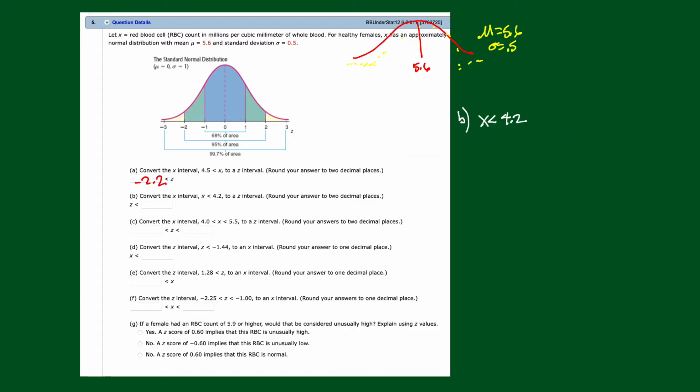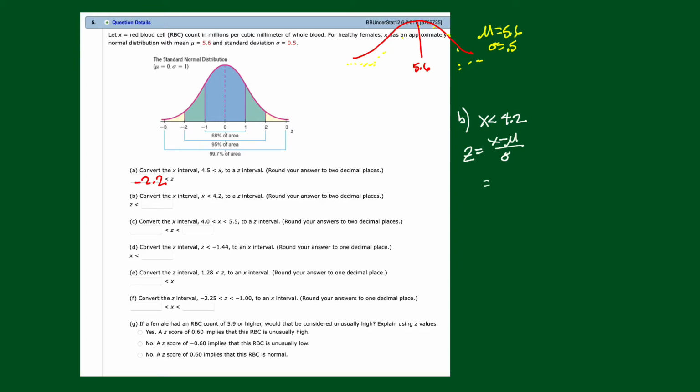Now in part B, we want to convert the x interval, x less than 4.2, to a z interval. But it looks like it's going to be pretty much the same thing here, right? Except here we had 4.5, and now we just have 4.2. So what are we going to get? Here's our converter. z is equal to x minus mu over sigma.